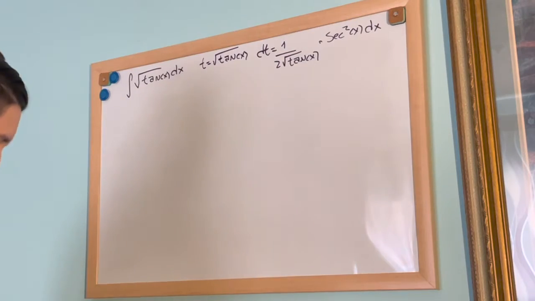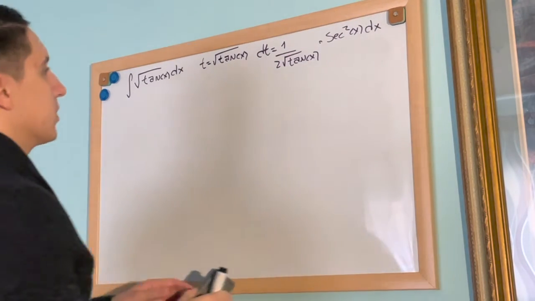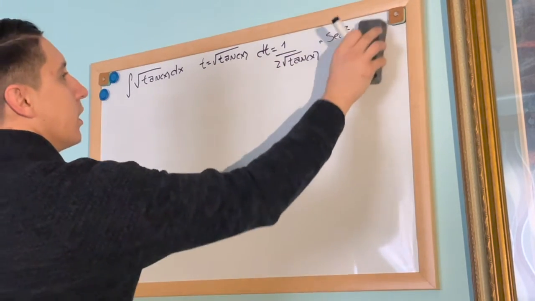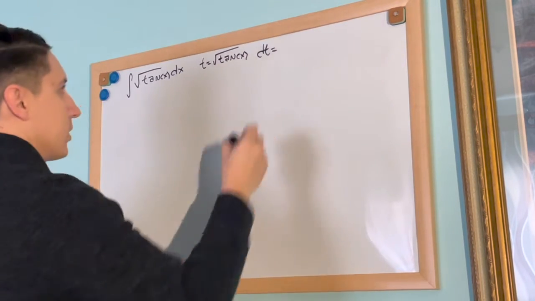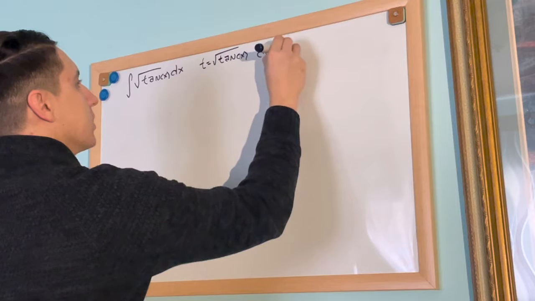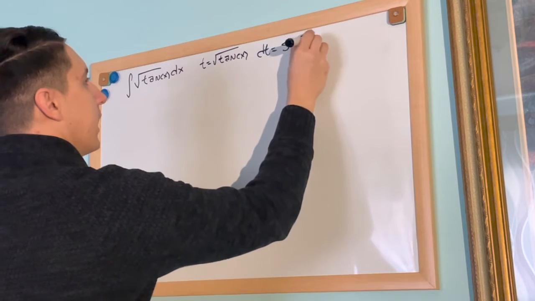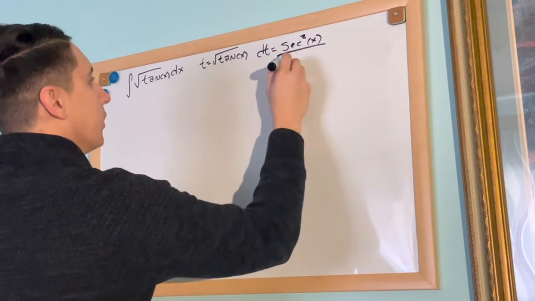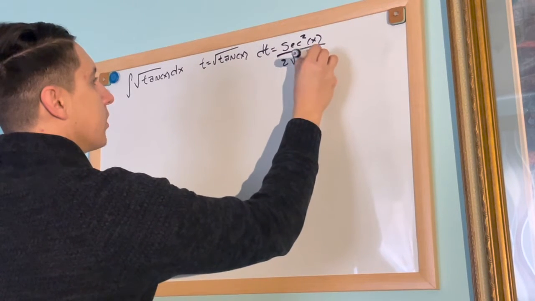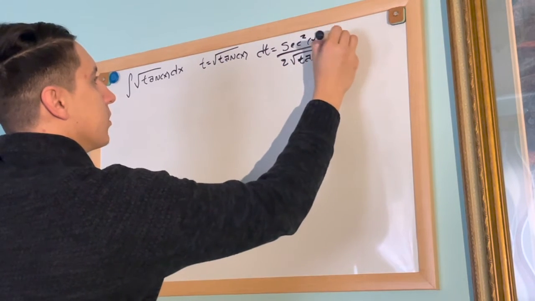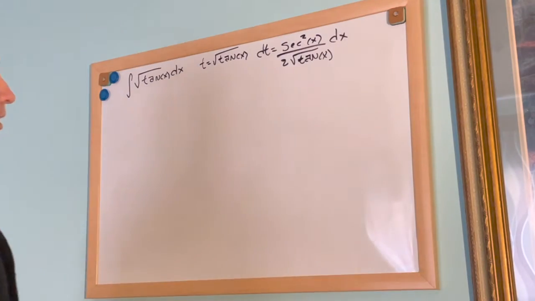Now I can actually clean this up a little bit, just to show you what's going on with this. So you have the secant squared of x all over 2 times the square root of tangent of x, and all of this times dx right here.